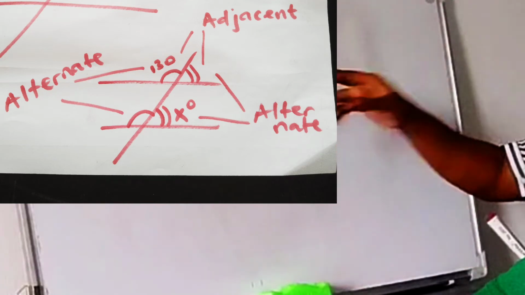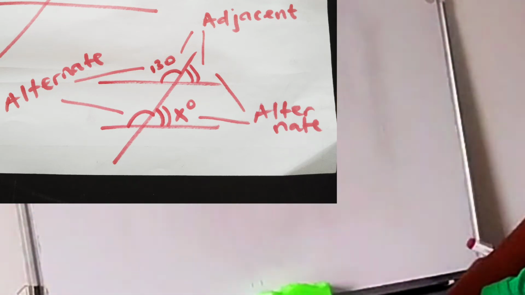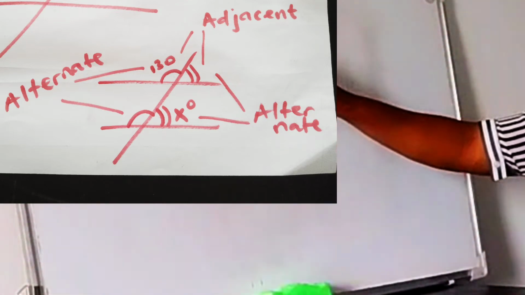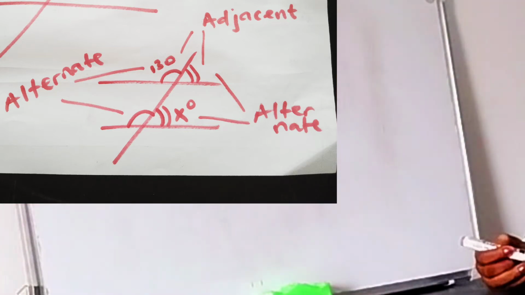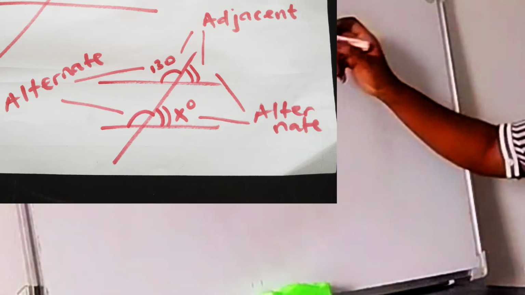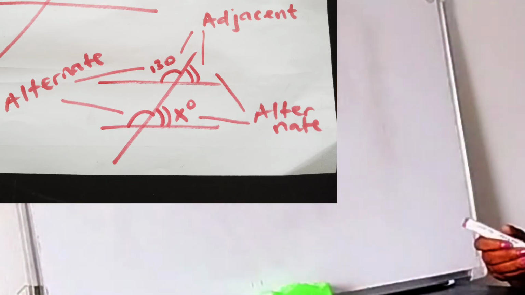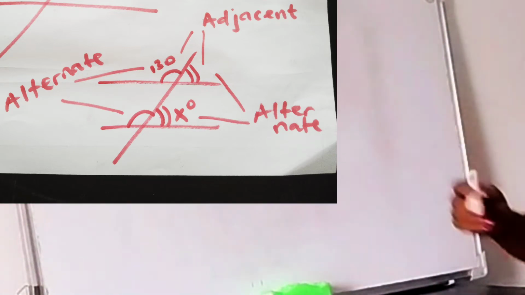They are adjacent because they are standing by each other. Because this angle is the same as this angle because they are alternating angles. Therefore, this is the same thing as x degrees.